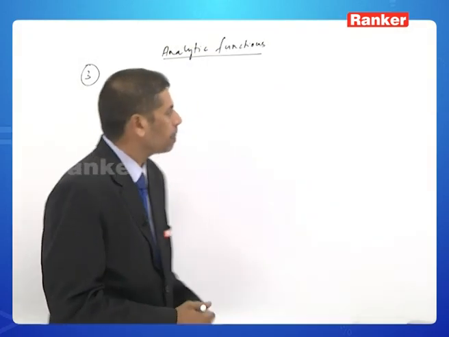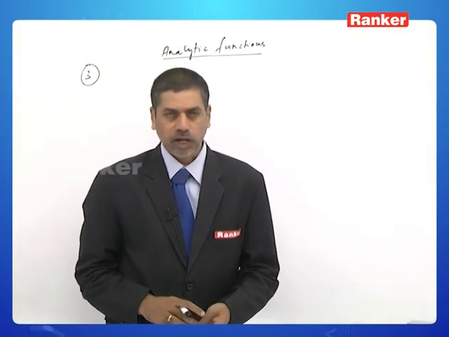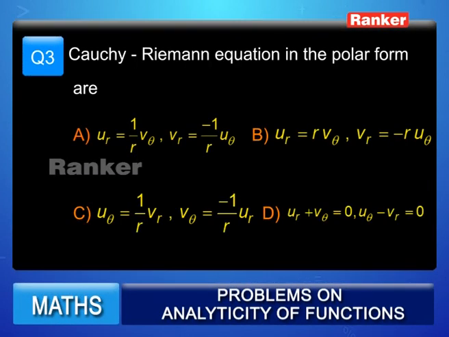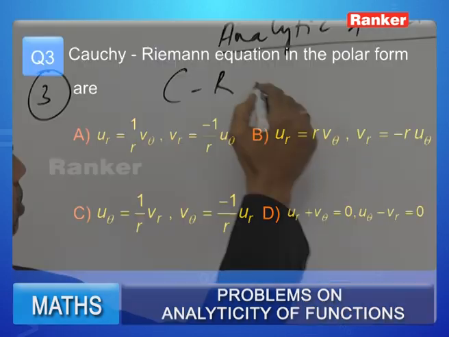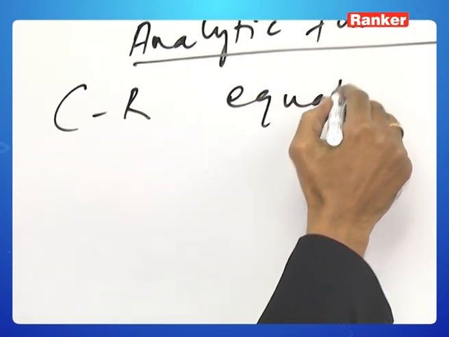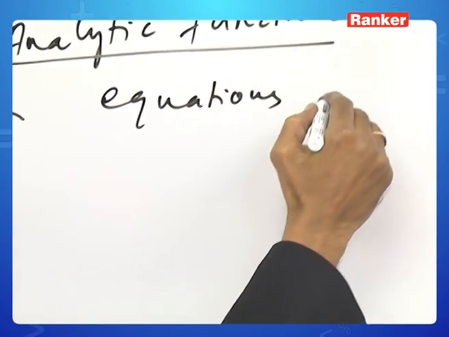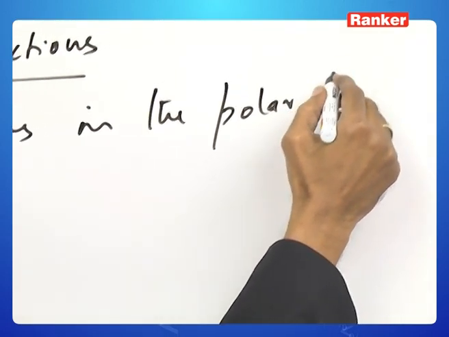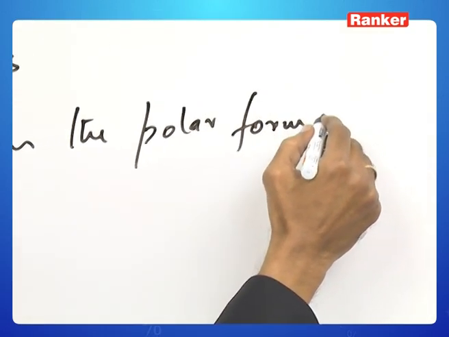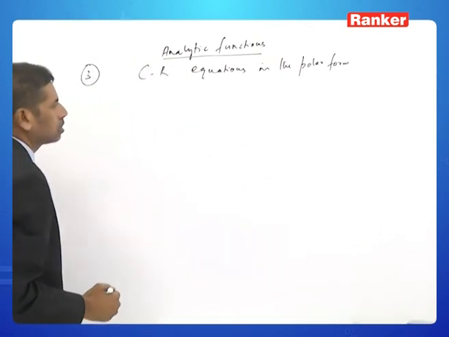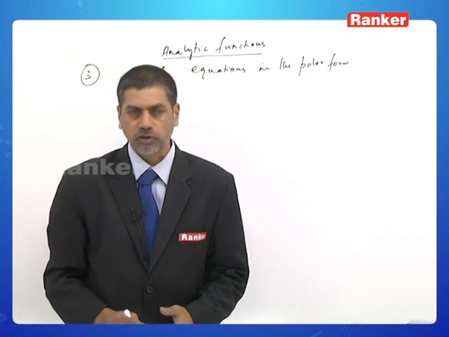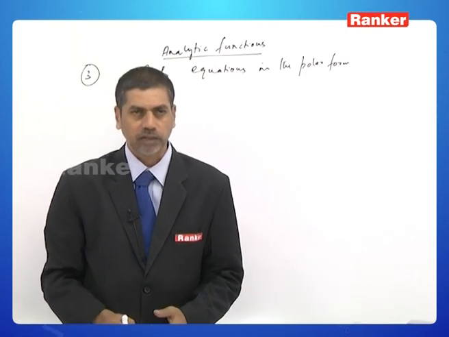Question number 3. This is a fundamental question in analytic functions. What are the Cauchy-Riemann equations in the polar form? We all know the Cauchy-Riemann equations are necessary conditions for a complex function to be analytic.